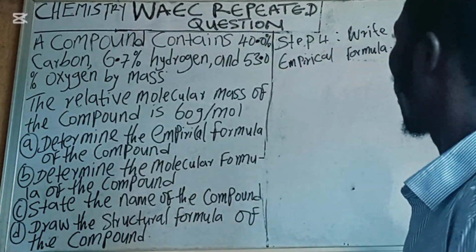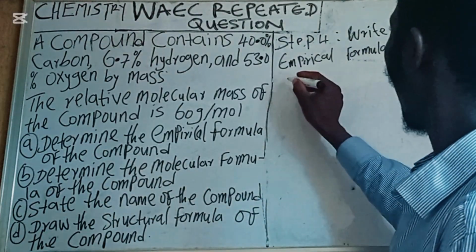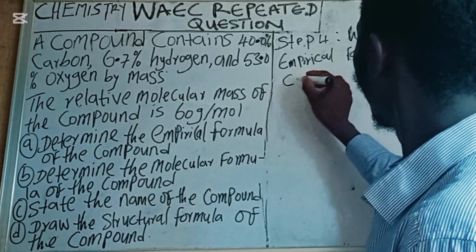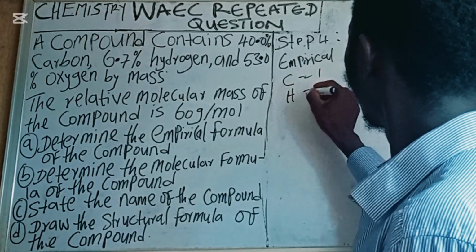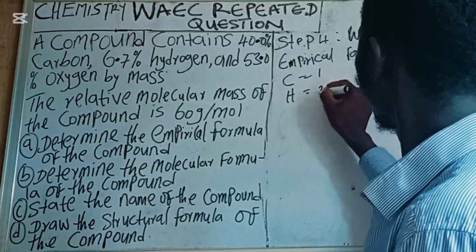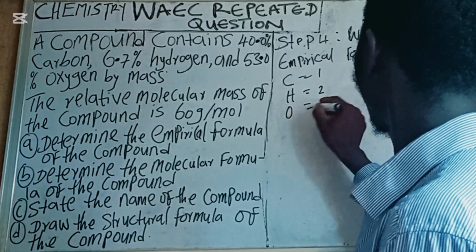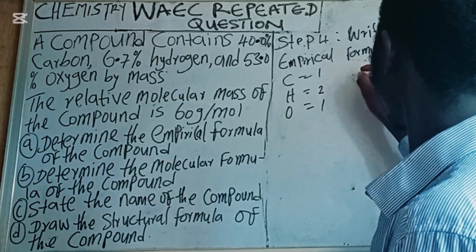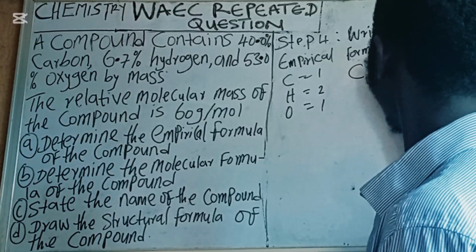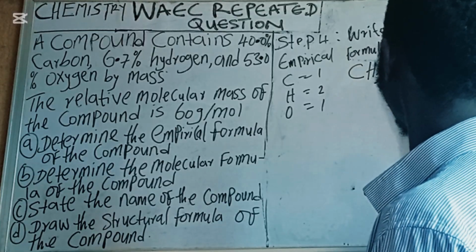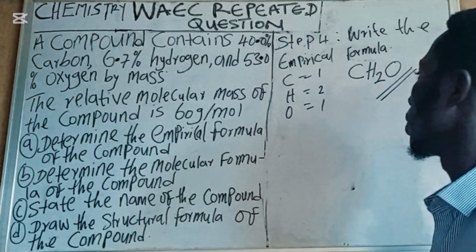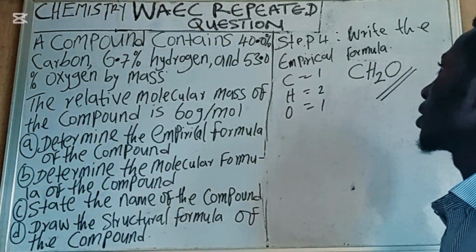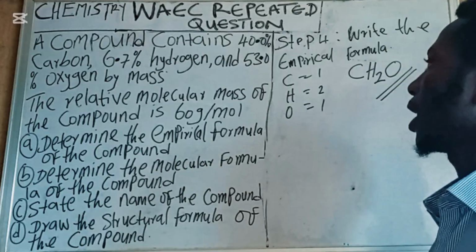Now in this step, from our step 3, we have carbon is equal to 1, hydrogen is equal to 2, and oxygen is equal to 1. So the empirical formula is CH2O. This is our empirical formula. So in step 4, we have succeeded in getting our empirical formula.